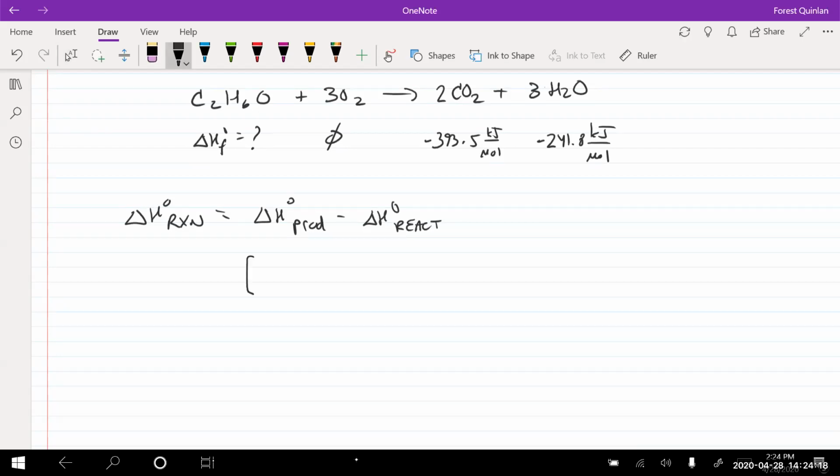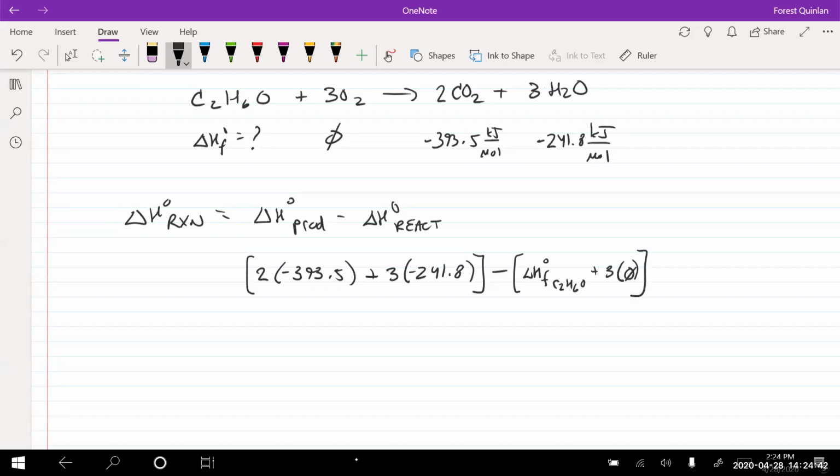So the products, we have 2 times the negative 393.5 plus 3 times the negative 241.8 minus the reactants. Well, that's the delta H naught of formation of C2H6O plus 3 times 0 for the oxygen, right? There's the oxygen. Eventually, you guys can leave out the elements if that's what you want. That's totally fine. I like to put it in just for kicks.